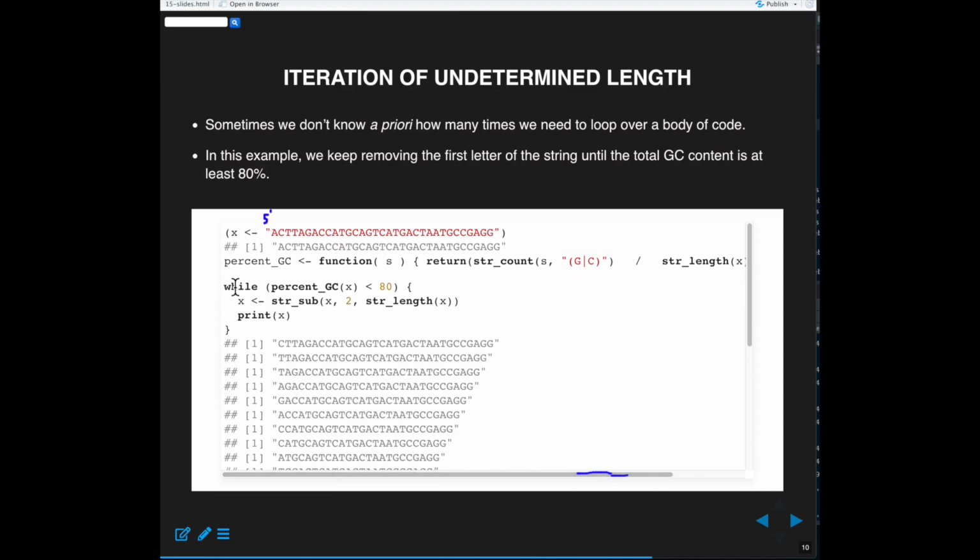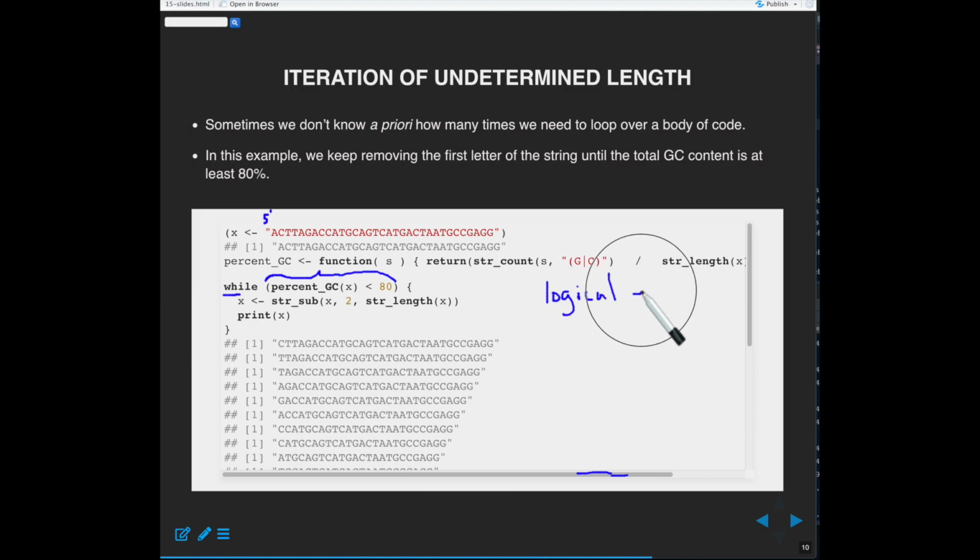And now I write the while loop like this. I have this special command while, and then I have a condition. It's a logical expression, and that logical expression, of course, evaluates to either true or false, like all logical expressions do. And so here, if this evaluates to true, then I execute my body of code that's determined by this opening and closing curly brace.